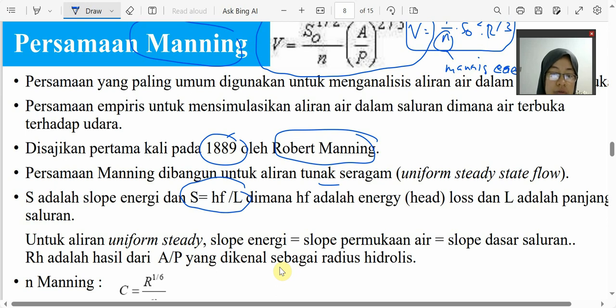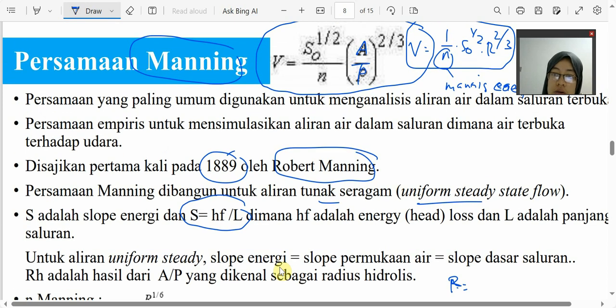In uniform steady state flow, the slope of energy is equal to the slope of the water surface, and also equal to the slope of the bed of the channel. And R is the hydraulic radius, right, which is A over P, so I write it in this equation as R.